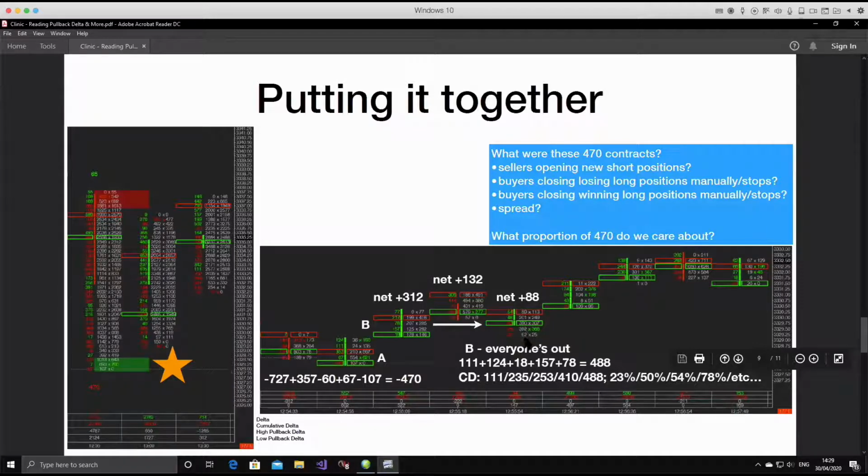This rotation down, it hit the point 18. Now, if we look at the cumulative delta, that's 253. That was about 50% of what had puked. Now, I find this quite interesting analysis to use as a trigger. If I've got a price rejected pattern, or maybe big absorption, maybe I'd say 1,000 contracts have been absorbed.